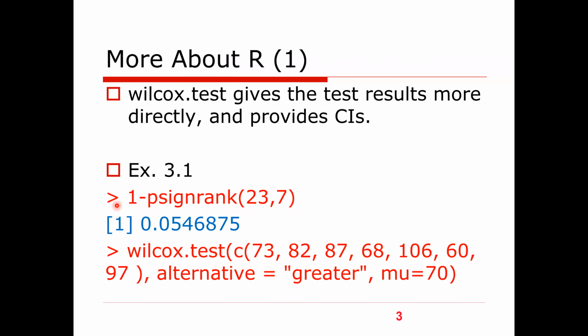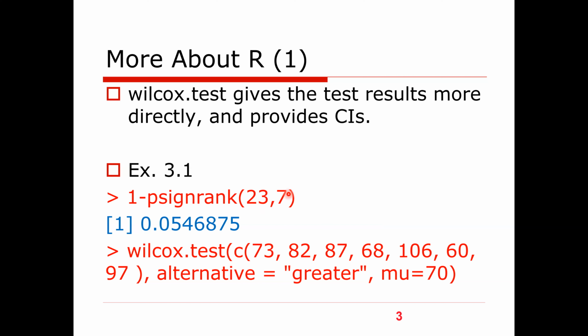And we have introduced that we can get p-values for the Wilcoxon test using psignrank. But we need to calculate S plus, the sum of the positive ranks, and then subtract 1, because we want the probability of reaching a sum of the signed ranks that is larger than this, given the sample size is 7.